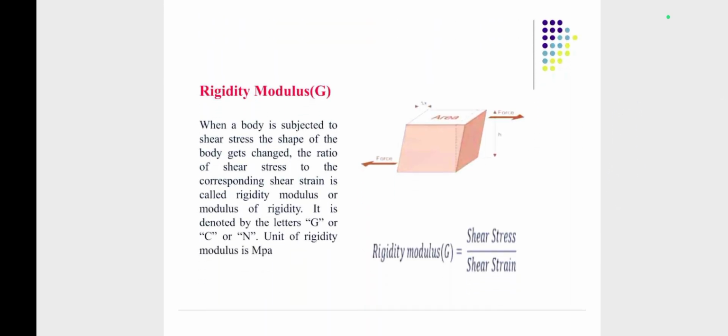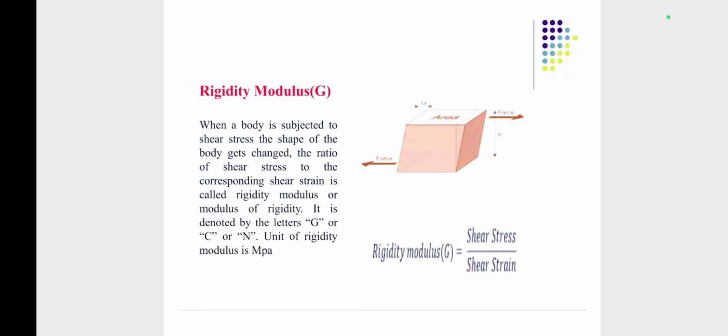Modulus of rigidity. When a body is subjected to shear stress, the shape of the body gets changed. One example is shown here, as it is a cuboidal body. Equal and opposite forces are applied at the edges, so that deformation takes place. And here the rigidity modulus or modulus of rigidity can be defined as a ratio of shear stress upon shear strain.